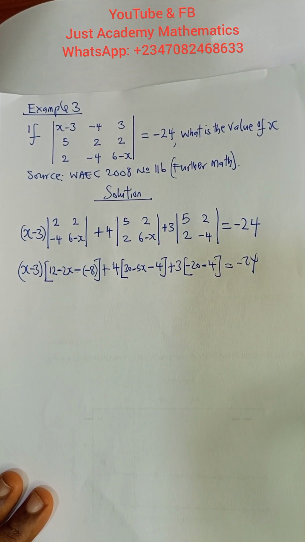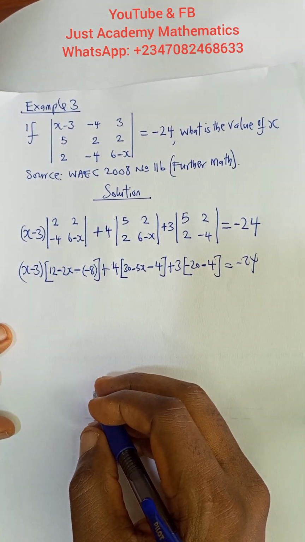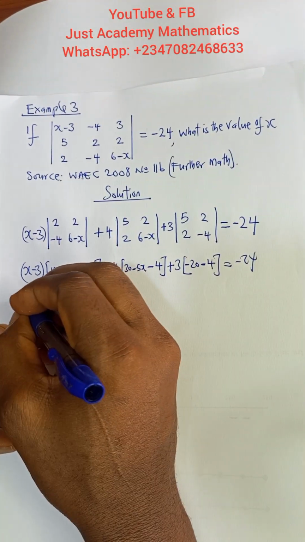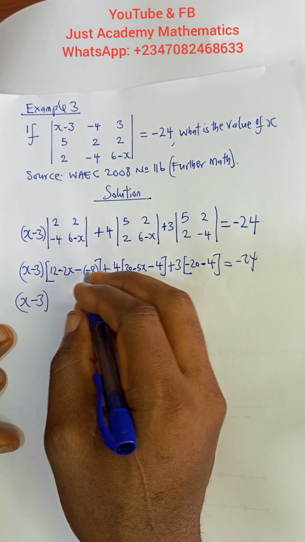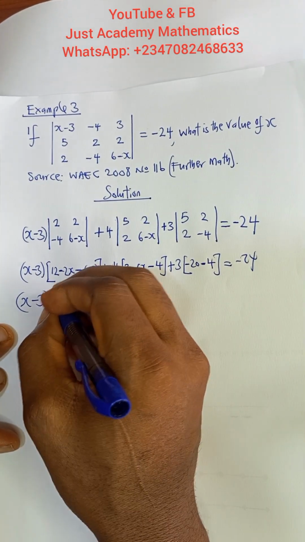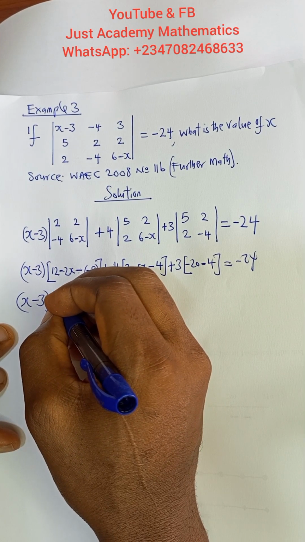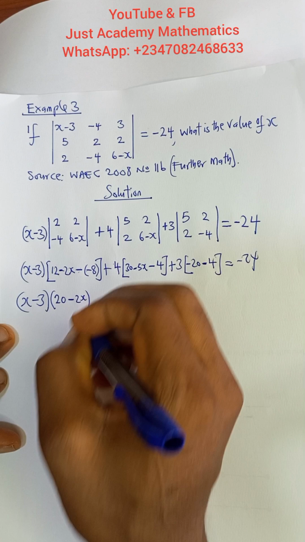So we only have a simple equation to solve now. Let's combine all of this together. This is x minus 3 times this, plus 8 here now. So 12 plus 8 gives us 20, so we have 20 minus 2x.